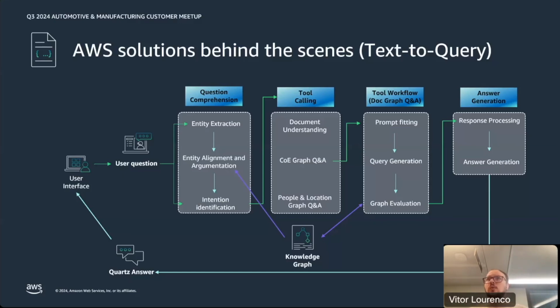After that, we post-process, and once again we leverage the conversational capability of generative models, the foundation models, to formulate a natural language answer for our customer. This is one of the many use cases that we have within our cognitive assistant.